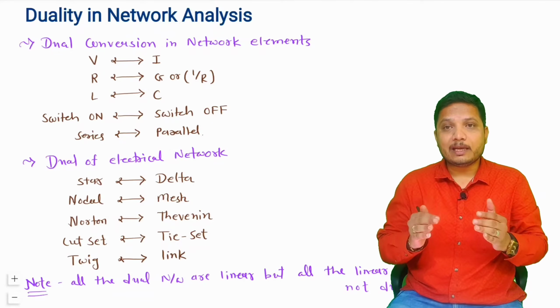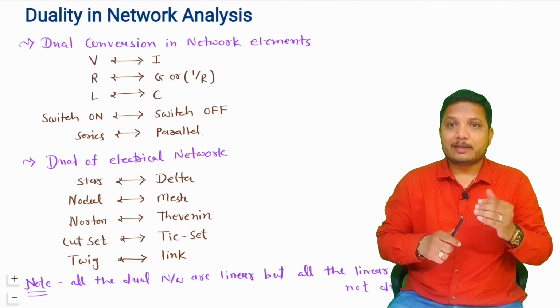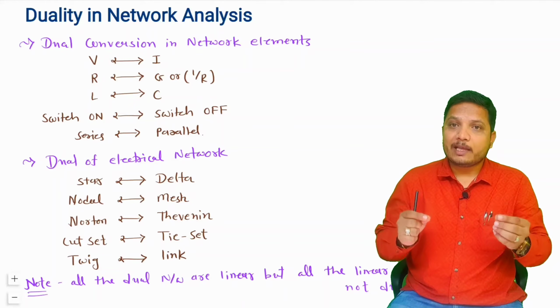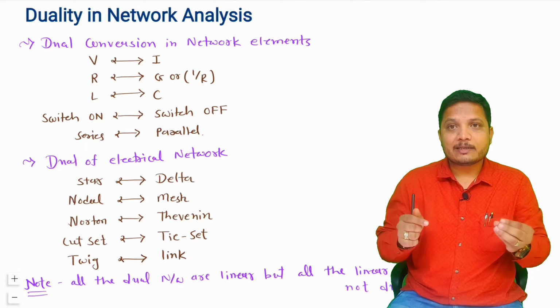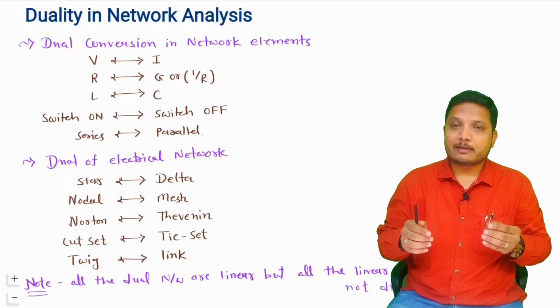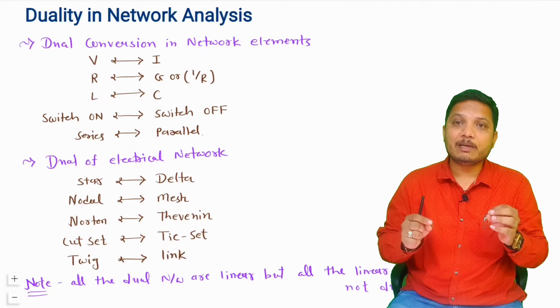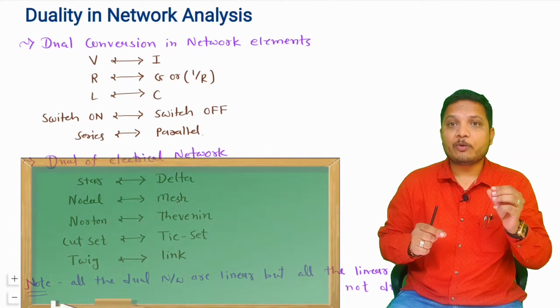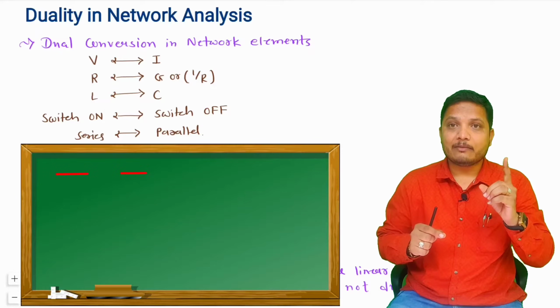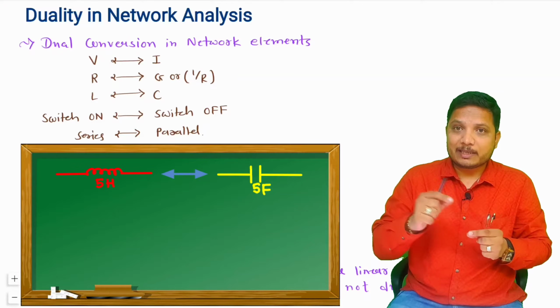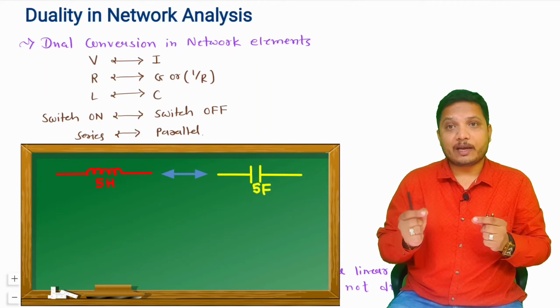One thing you should understand is that whenever you are given values of inductor or capacitor, when you form the dual, the value will be the same. If you have an inductor with value 5 Henry, then in capacitance it will be 5 Farad.